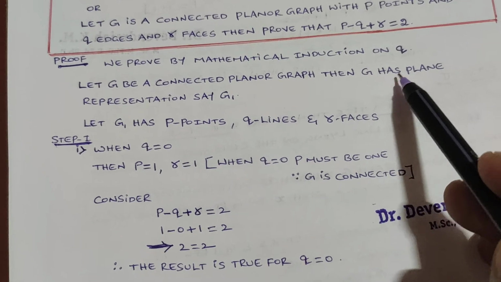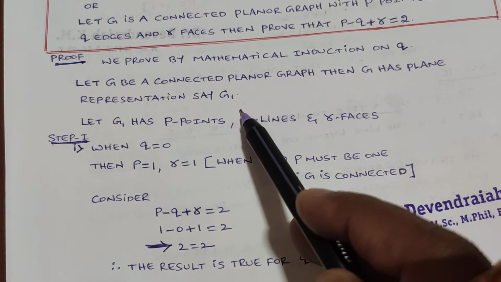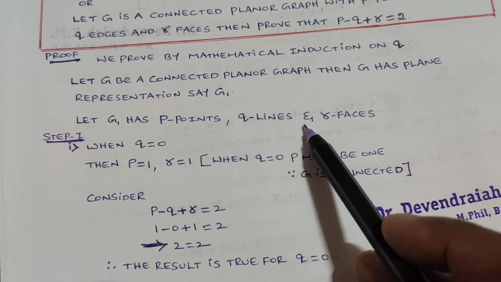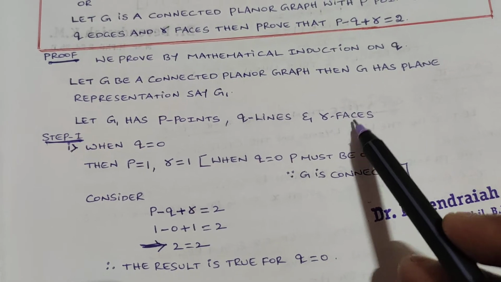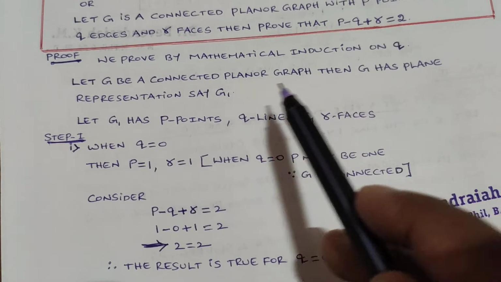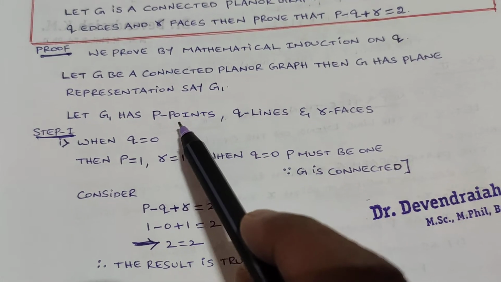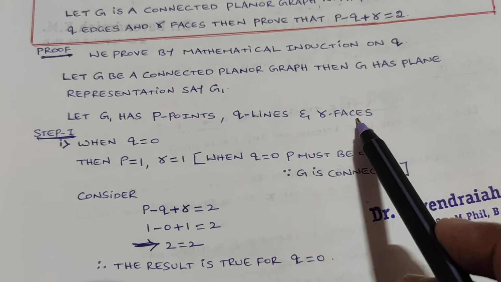Then G has a plane representation, say G1. Let G1 have P points, Q lines and R faces.